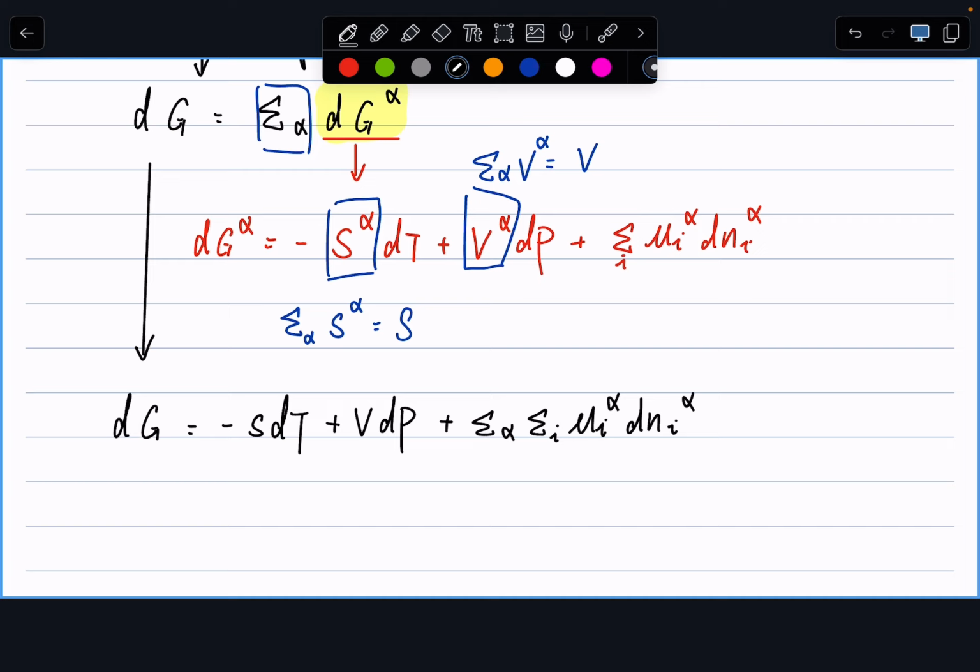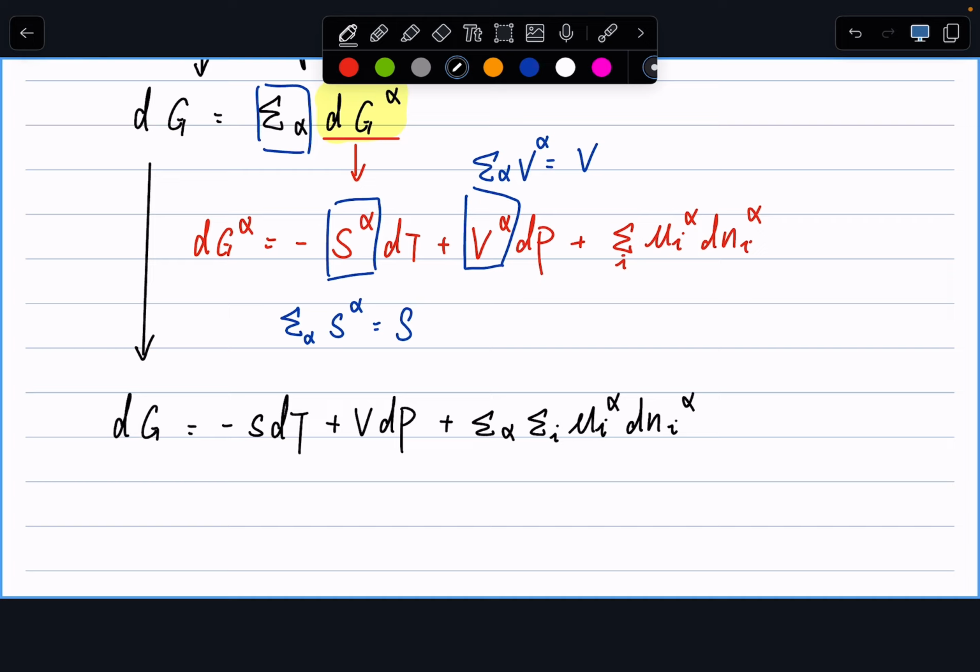Or the other way to put it, if we write out my double summation, we have the double summation over alpha and i of mu i alpha d n i alpha.